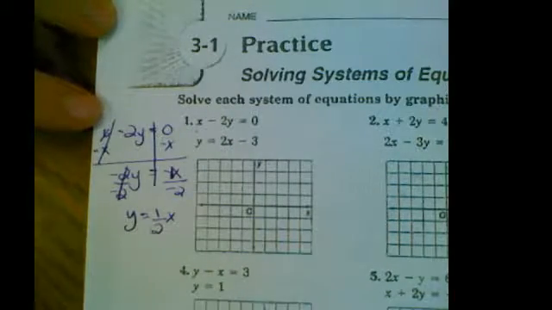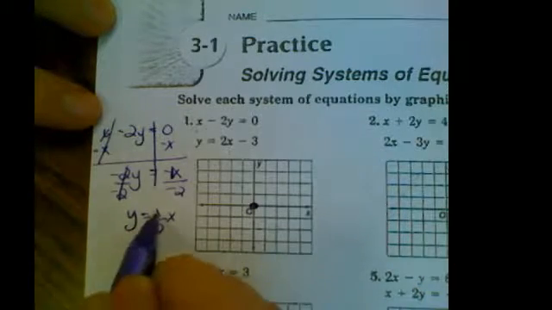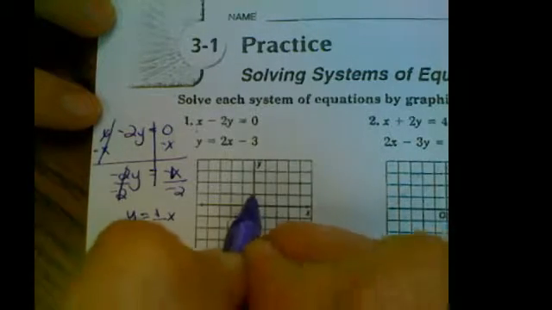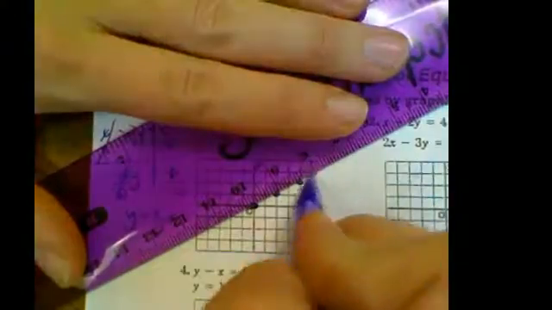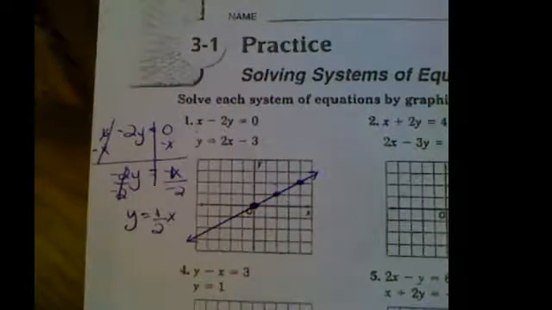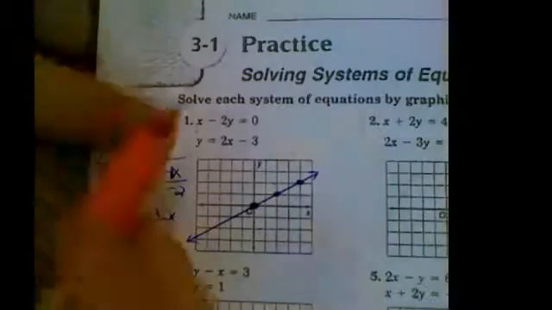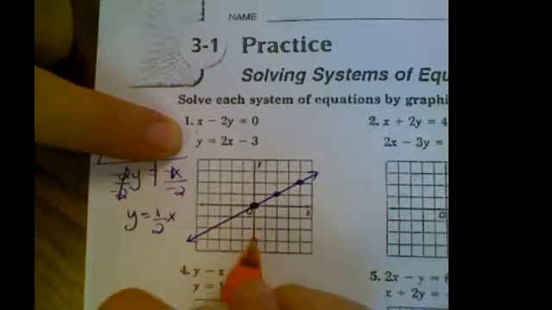So if I graph that, it has a y-intercept of 0 because there's nothing there, and up 1 and over 2. So up 1 over 2, up 1 over 2. And if I graph that line, this is what I get. Then I have this right here, and I have a negative 3, 1, 2, 3.